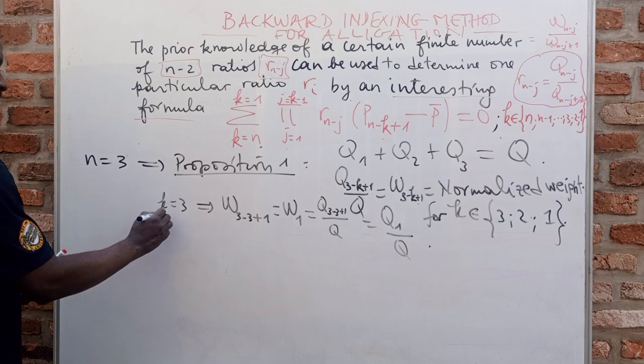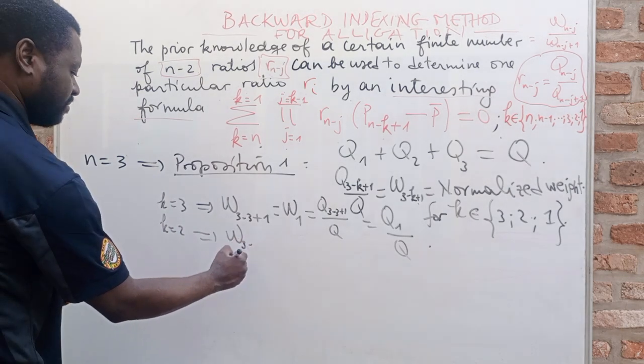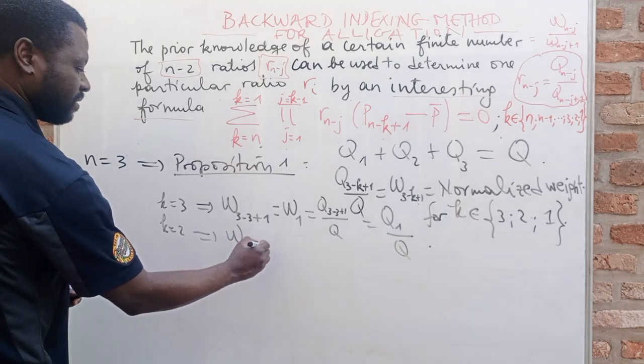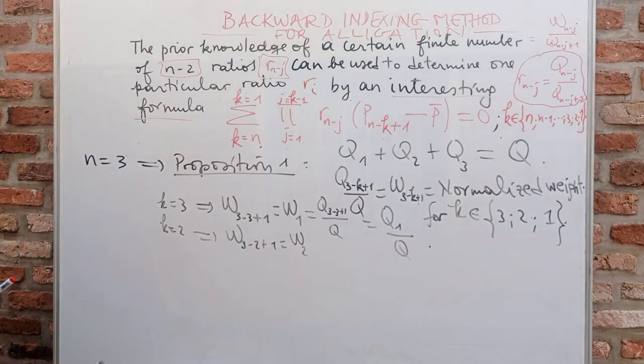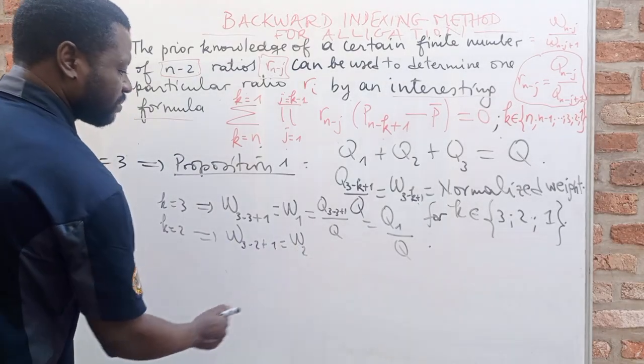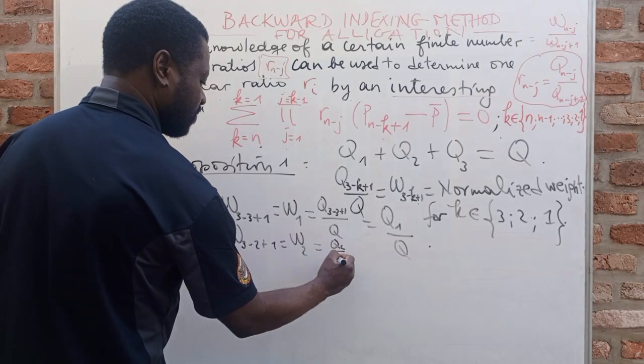For index k equal to 2, you're going to have omega sub 3 minus 2 plus 1, which is omega 2. This is also q2 over q.